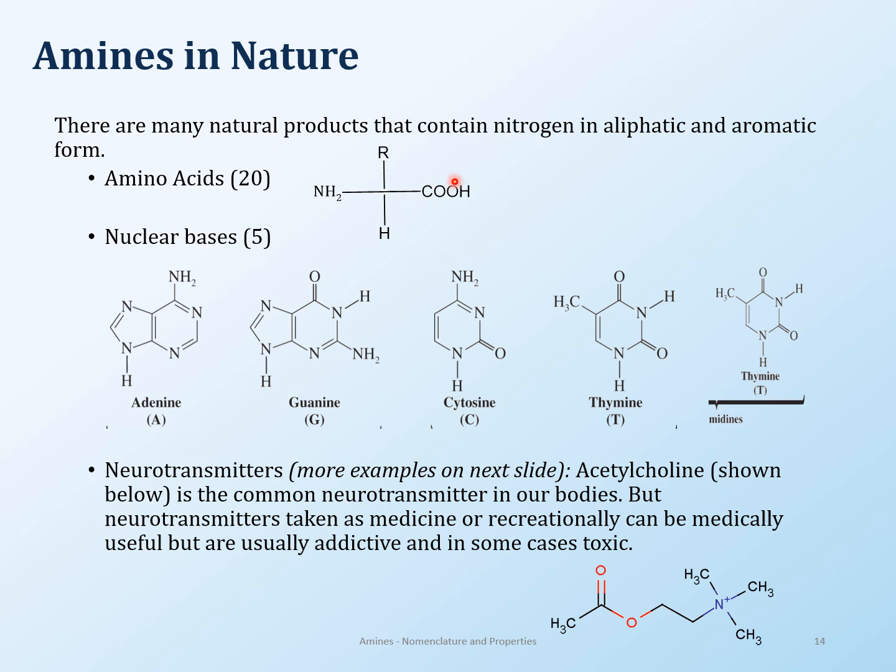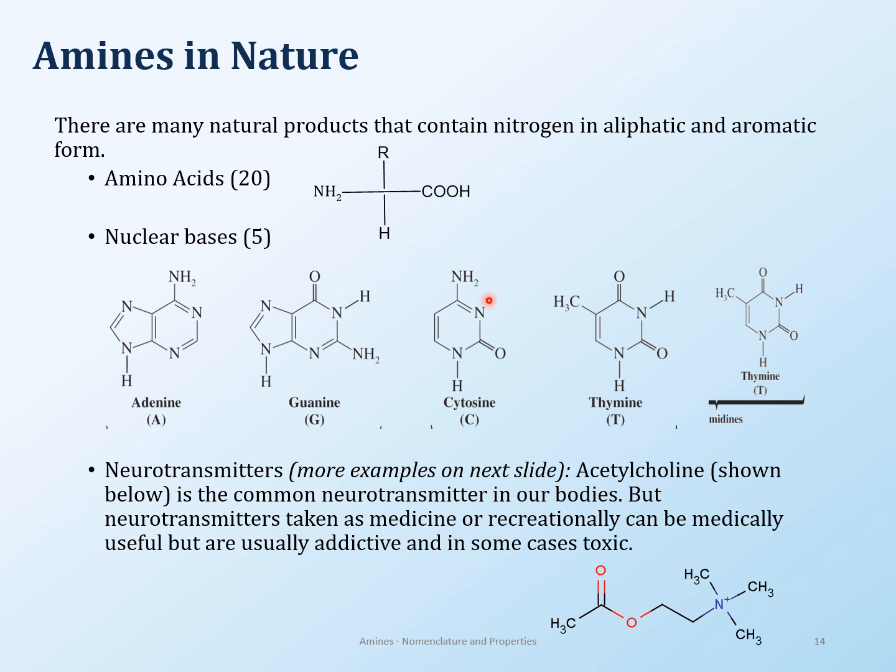We talked about this in carboxylic acids also, and now we come back here again with amines. There are 20 amino acids, 10 essential, 10 non-essential. That's important for us, because proteins are made of amino acids, and if we don't have proteins, we don't have a lot of things in our body. So that's important for us.